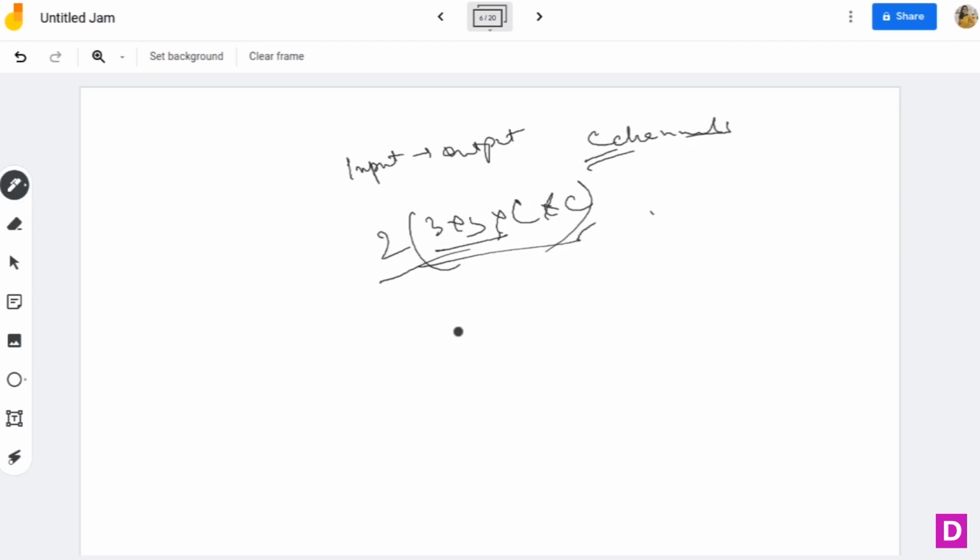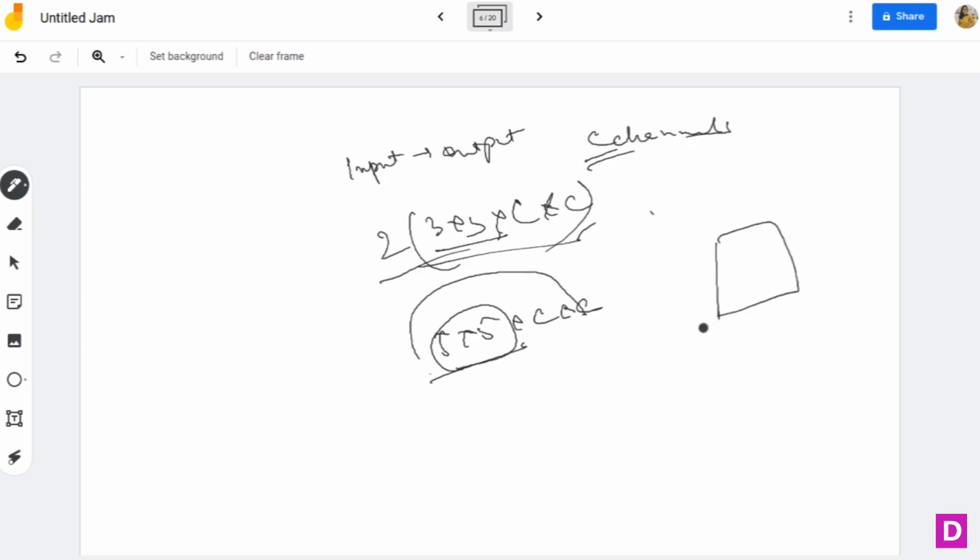And now 1 5 cross 5 cross C cross C, this is one convolution. This is the number of parameters required for one convolution when 5 cross 5 is the kernel size.